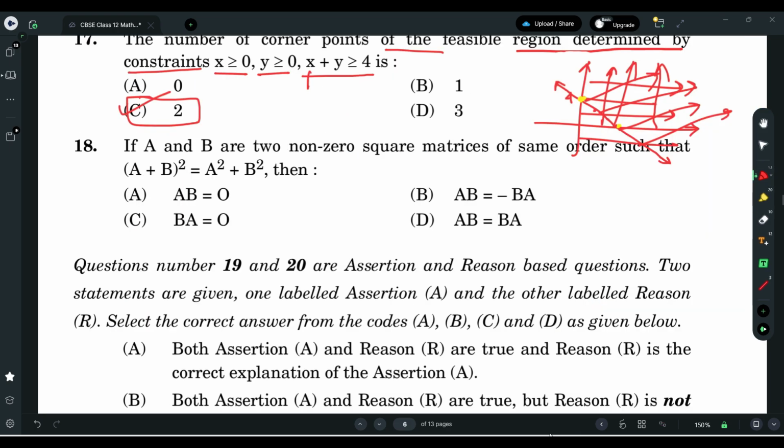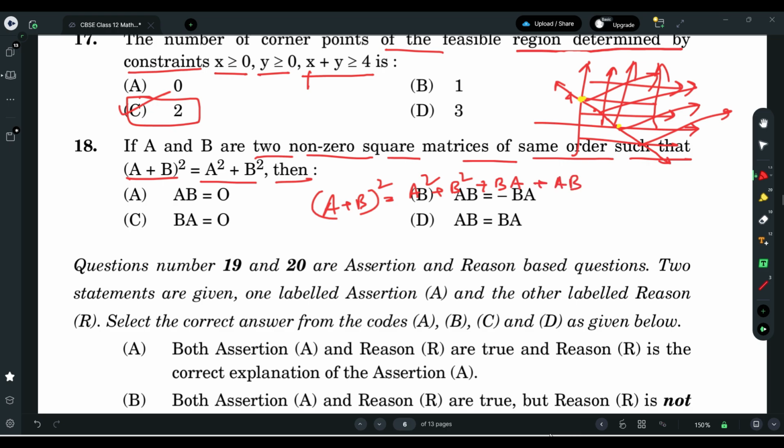If A and B are two non-zero square matrices of the same order such that (A plus B) whole square is equal to A square plus B square, then what is this? So (A plus B) whole square is equal to A square plus B square plus BA plus AB, and this is equal to A square plus B square.